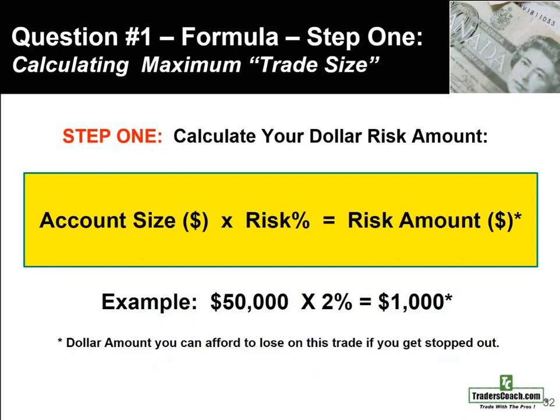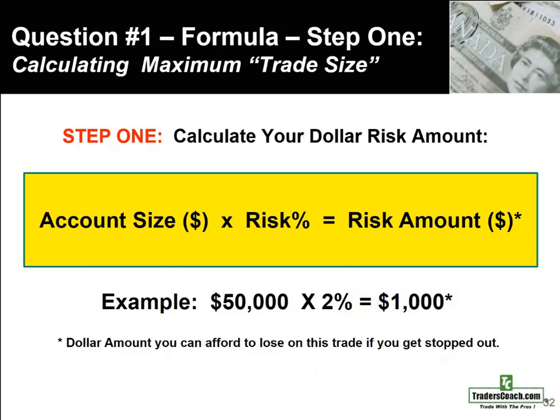It takes into account our win ratio and our payoff ratio. Those things are already taken into account by this percent here. So based on that, we've got the risk of ruin taken care of, and 2% of 50,000 is $1,000. So we cannot afford to lose more than $1,000 if we get stopped out.